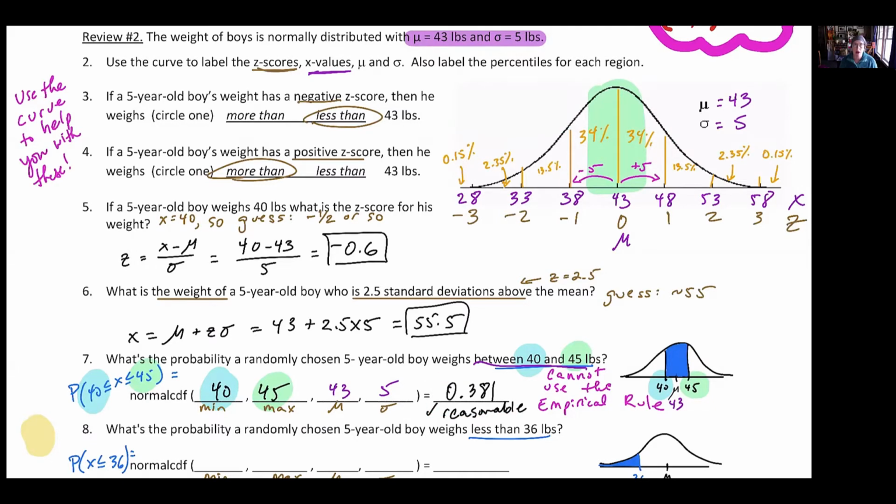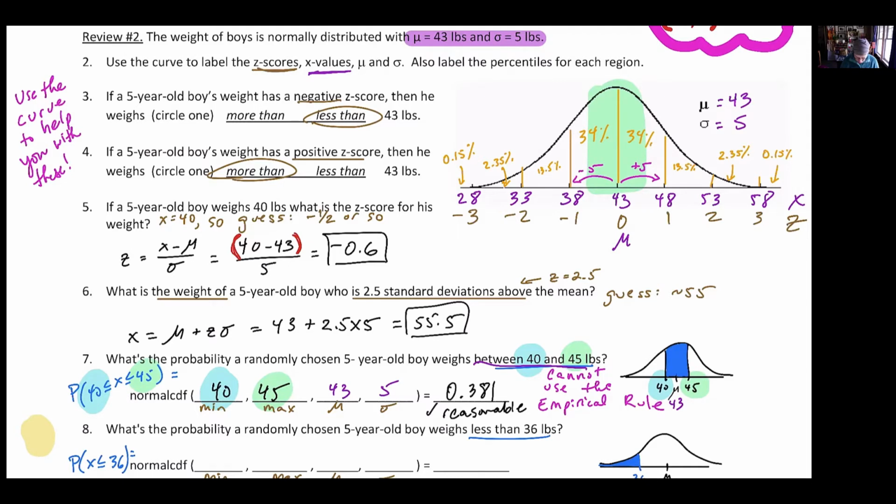Okay, anytime you get a value out of your calculator, be it an X value, or a Z value, or a probability, you should always stop and ask yourself, does that value make sense? Does it track with what I know about this? And especially, I'll just say here, when finding the Z scores, if I put this in my calculator without the parentheses around the top numbers here, I would get a vastly different number, 31.